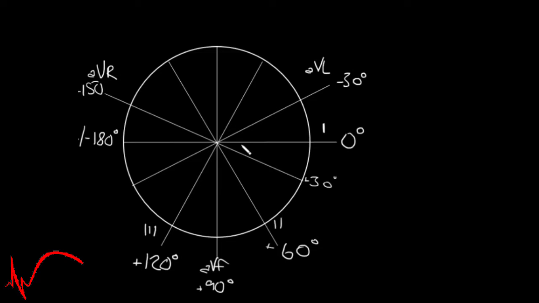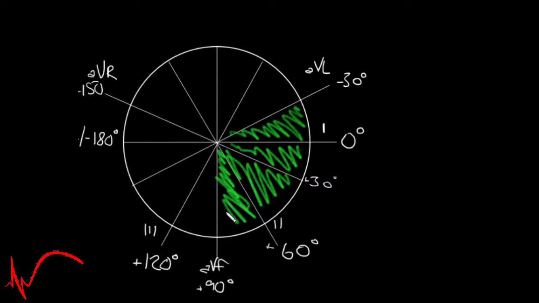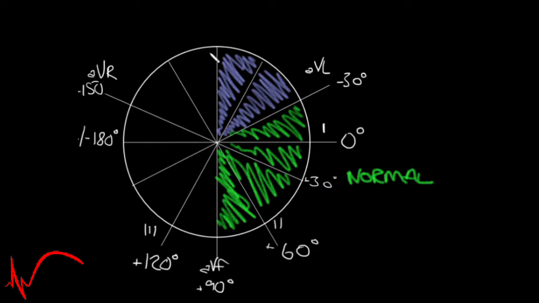So from minus 30 to plus 90 at AVF is what we consider normal. From -30 to -90 represents left axis deviation, or LAD.